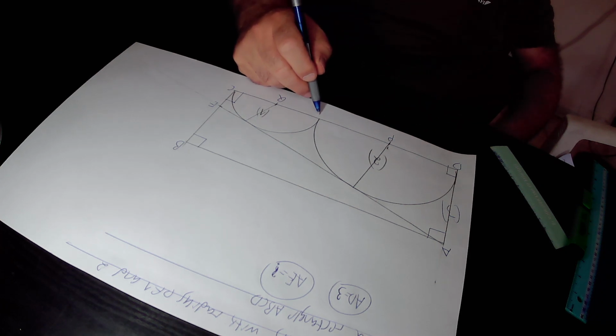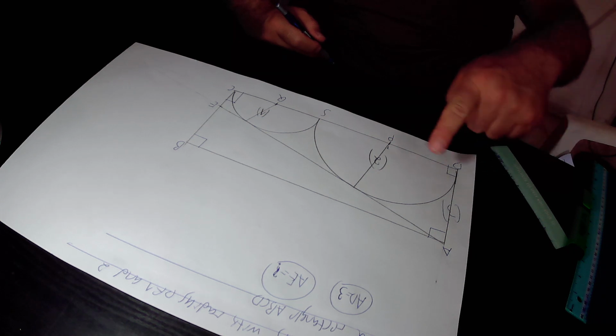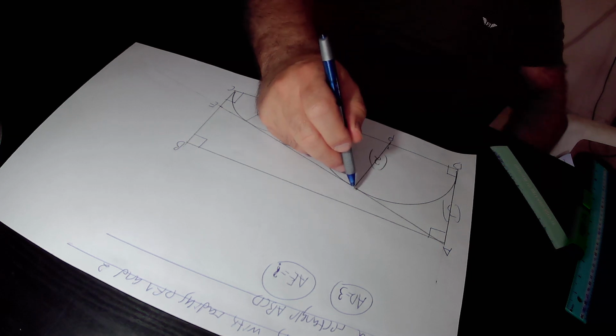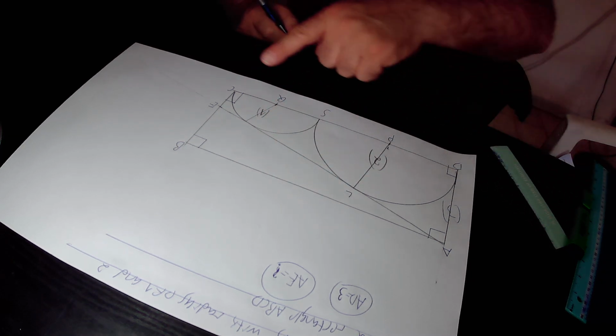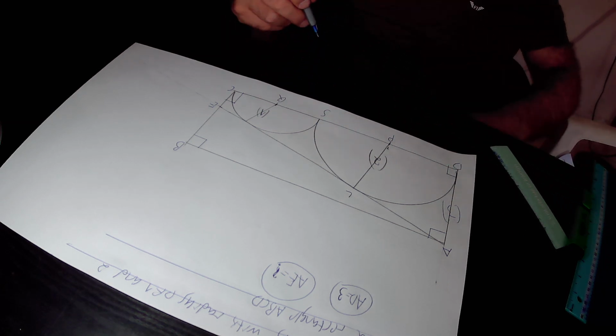This point is point S. Likewise, we will define the point of tangency of tangent AE with this big semicircle. This point is point L. And finally, we will define the point of tangency of this tangent AE with this small semicircle. This point is point G.